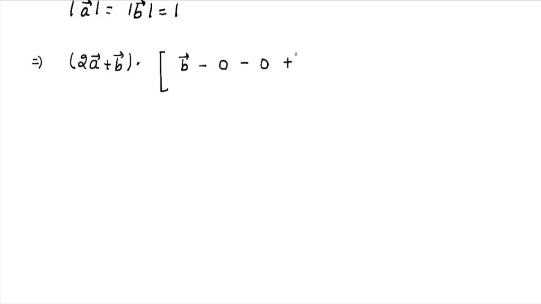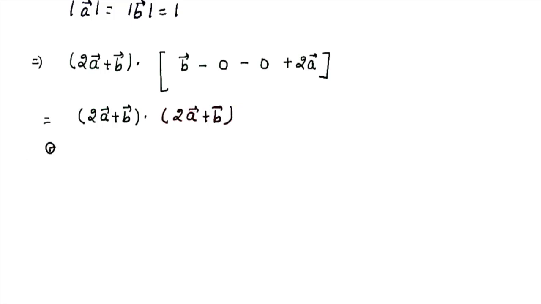Magnitude B vector square is equal to 1, plus 2A vector plus B vector dot product with 2A vector plus B vector.